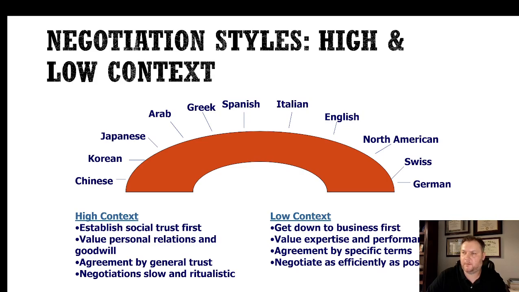It takes longer to seal the deal, right? Low context cultures, like American culture, and you'll see the swing here. The high context cultures include many Asian cultures, like Chinese, Korean, Japanese, as well as Arab, Greek, Spanish, right? And then North America, Swiss, and German cultures tend to be the more low context. So they'll basically try to cut the deal early and get down to business right away.